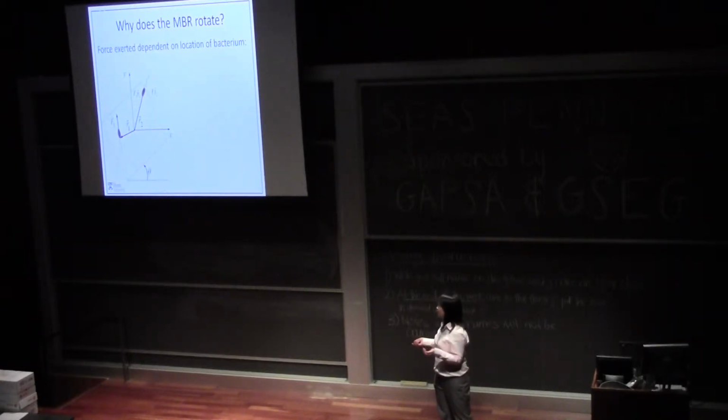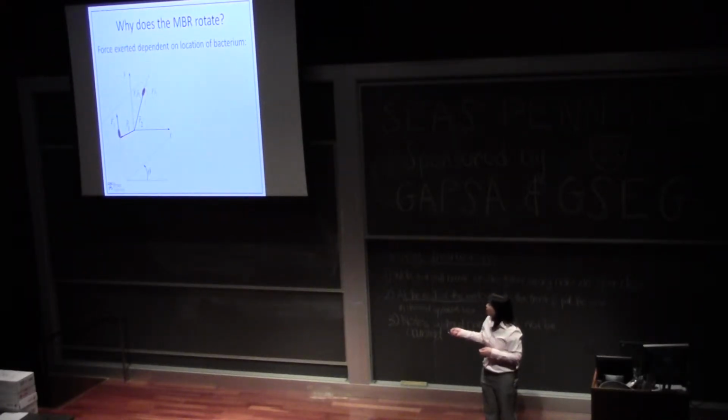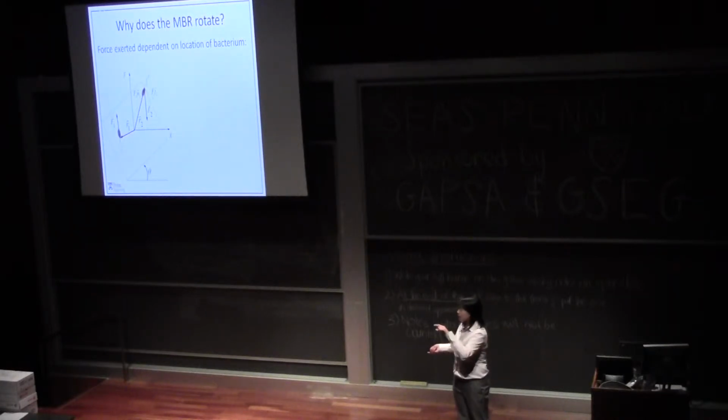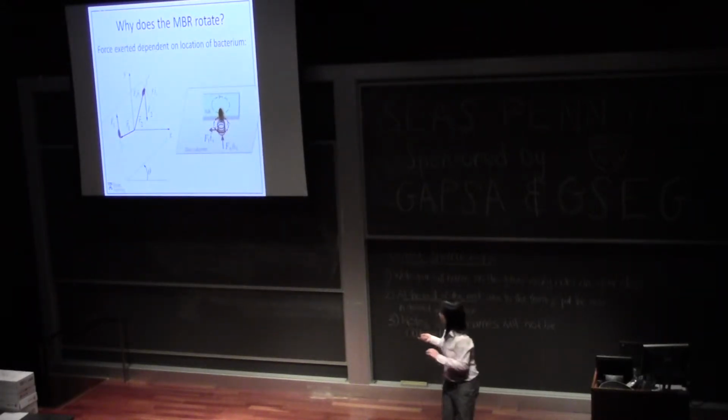One is the propulsion force, and another is a tangential force from the flagella hanging off the edge of the microstructure and interacting with the glass slide. This is a diagram from the back view showing more clearly what I'm talking about. You can think about this as wheels on the edge of a plate. These wheels are turning and interacting, and so all the cells that have flagella hanging over the side are going to produce a clockwise force on the microbio robot.